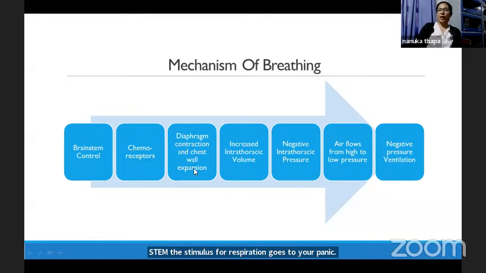The chest wall expansion will lead to an increase in intrathoracic volume. Consequently, it leads to a negative intrathoracic pressure. Now, if the intrathoracic pressure is negative, air flows from the atmosphere to the alveoli, from a high to low pressure zone. This is known as negative pressure ventilation, which is the normal breathing which occurs in human beings.